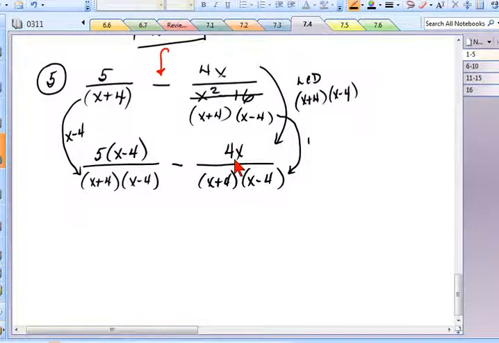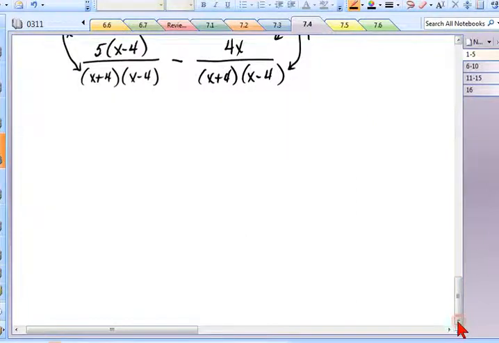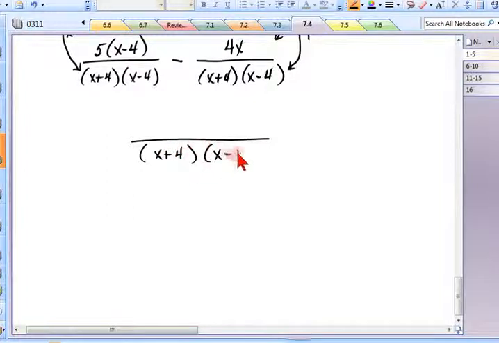So although you might think I'm really just doing steps that I shouldn't have to do, I have x plus 4 times x minus 4, and I have 5 times x minus 4 minus 4x. I want you to be very careful in simplifying the numerators that have been put together.